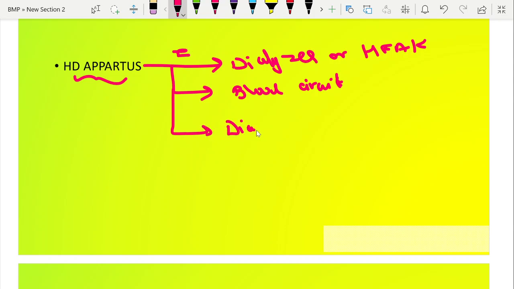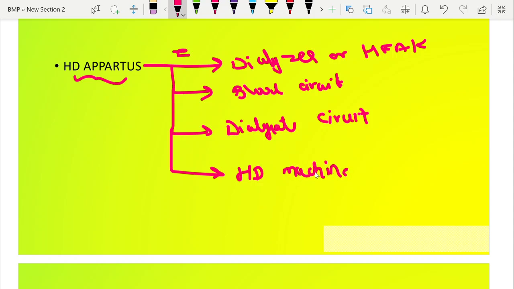Third one is the dialysate circuit. And the last, fourth component is the hemodialysis machine. These are the four important components involved in the hemodialysis apparatus.